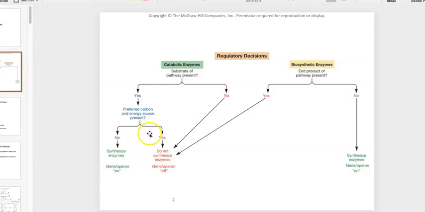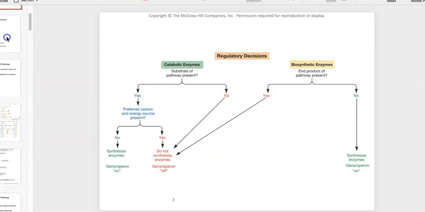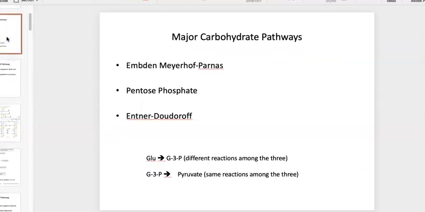But if the preferred substrate is present, then the microbe will shut off enzymes and so forth for the degradation of a less preferred substrate, so that it can then eat the preferred substrate. I'll give you some examples of that down the road, of microbes making those types of decisions depending on the kinds of sugars that are present.